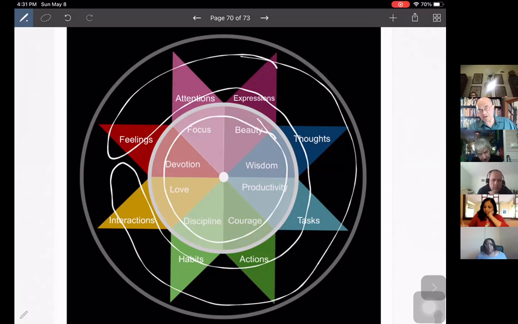So think of it this way. Joe was kind enough to give me a copy of the past version. So imagine you seeing it like this. You seeing this and interacting with it is what this diagram is about.